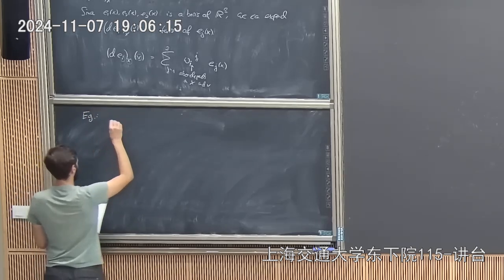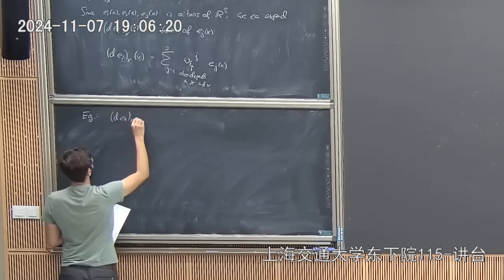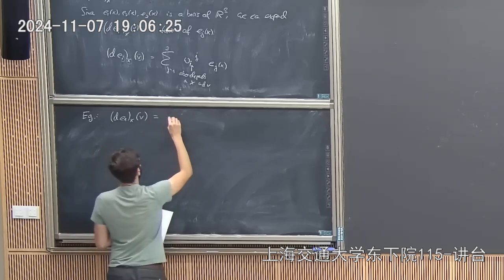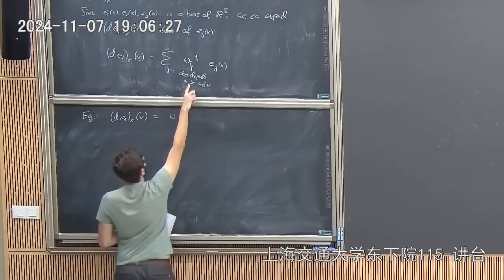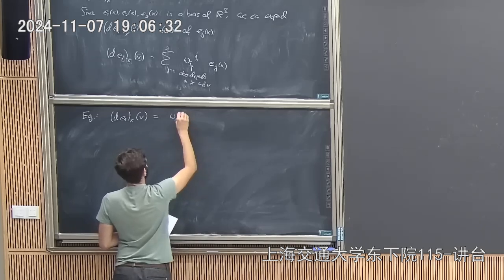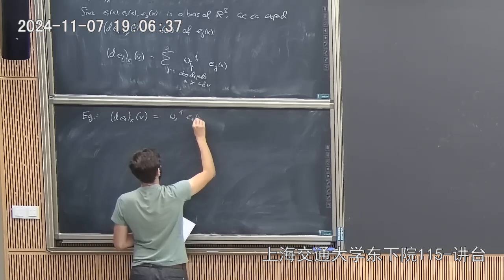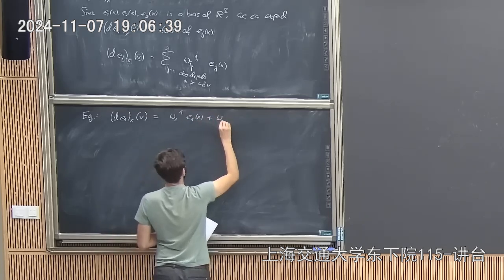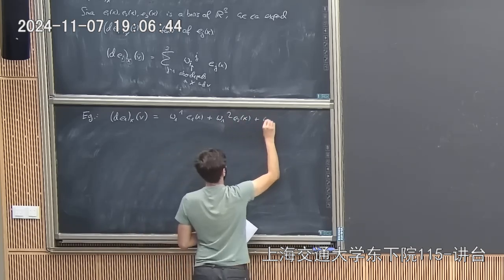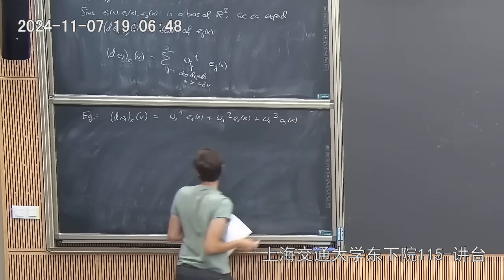So for example, if you take dE1, say at some point in a certain direction, what we have is omega i, so the i is fixed to be 1, so it's omega 1,1 E1(x) plus omega 1,2 E2(x) plus omega 1,3 E3(x).